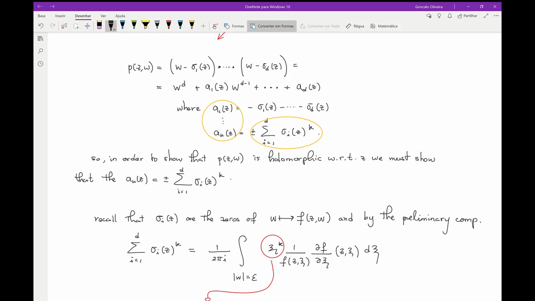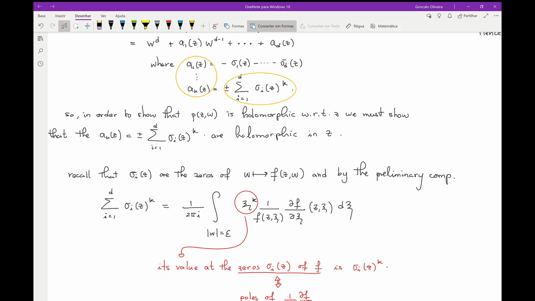That's what I have written here, except that I did not finish writing. In order to show that P is holomorphic in Z, we must show that these A_k, which are these powers, are holomorphic in Z. The sigma i's of z are the zeros of this function as a function of W. By that preliminary computation, I'm going to write the sum of sigma i's of z as the residue of a function that I plug into the residue theorem.